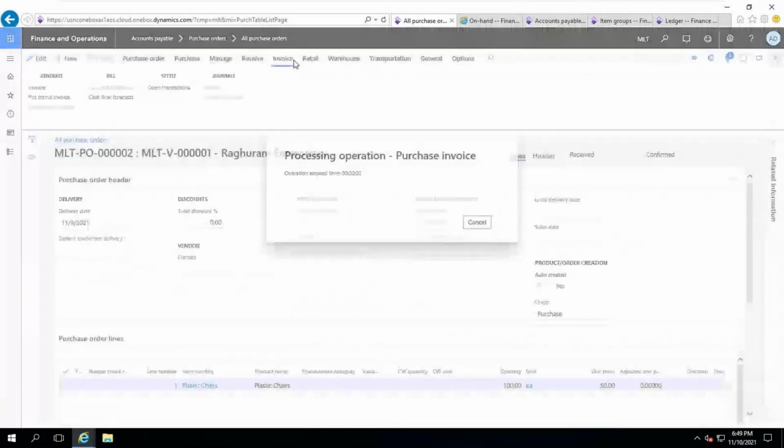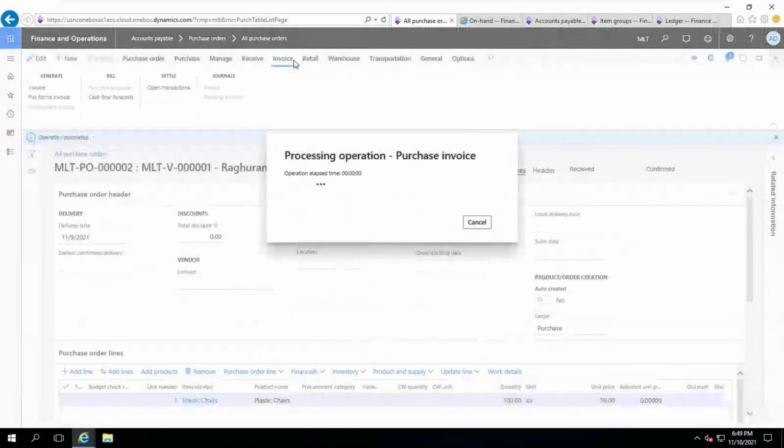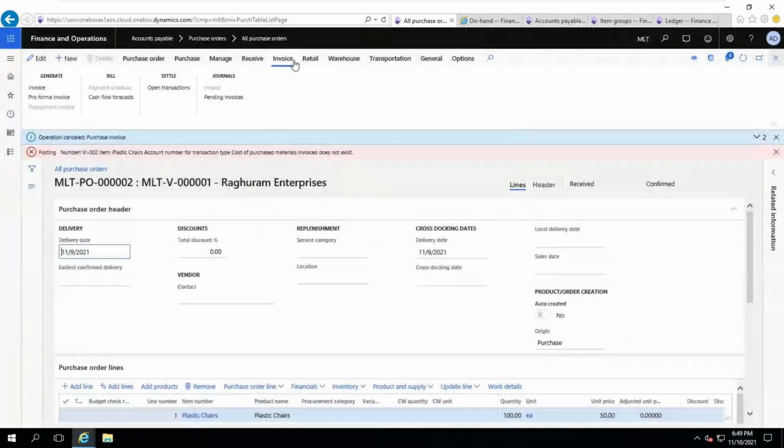Now when this invoice is posted, if every setup you have configured is correct, it will post. If you made any single mistake, it will not allow you to post the invoice, and you will get errors. So it was posted. Operation cancelled: account number for transaction type cost of purchased material invoice does not exist.